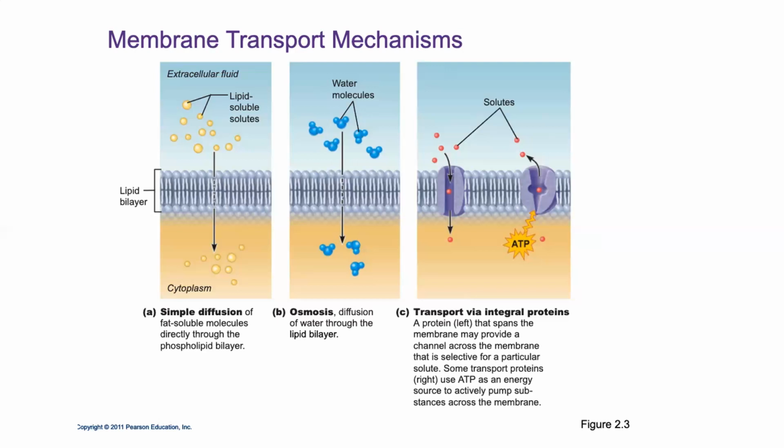The proteins which span across the phospholipid bilayer act as a gate so that solutes from outside the cell can go into the cell, but this process requires energy, which is ATP.